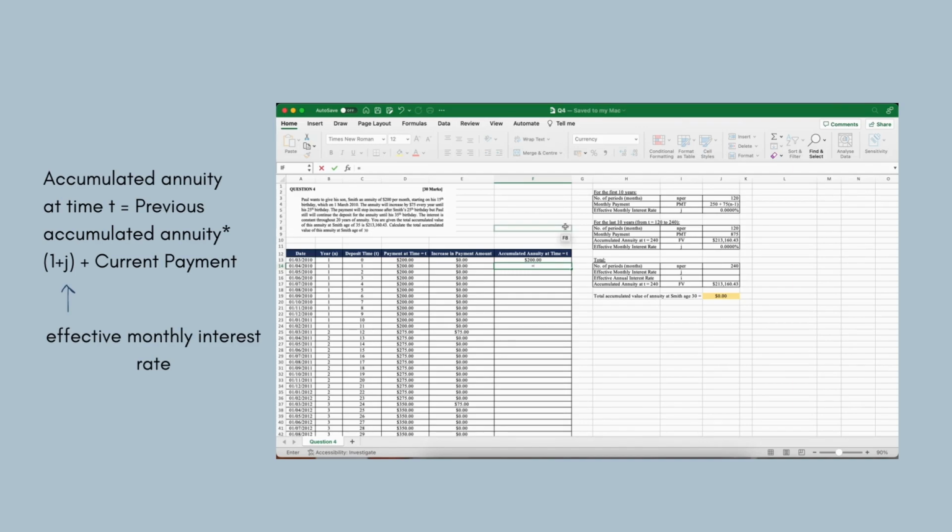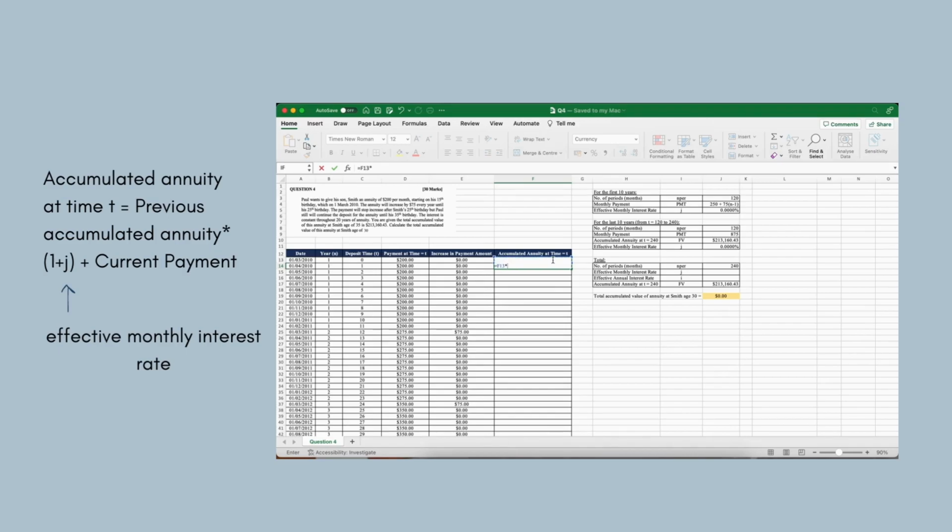So the interest won't be compounded until the next period. Hence, the accumulated annuity at time 0 is still $200 because it hasn't been compounded with the interest yet.